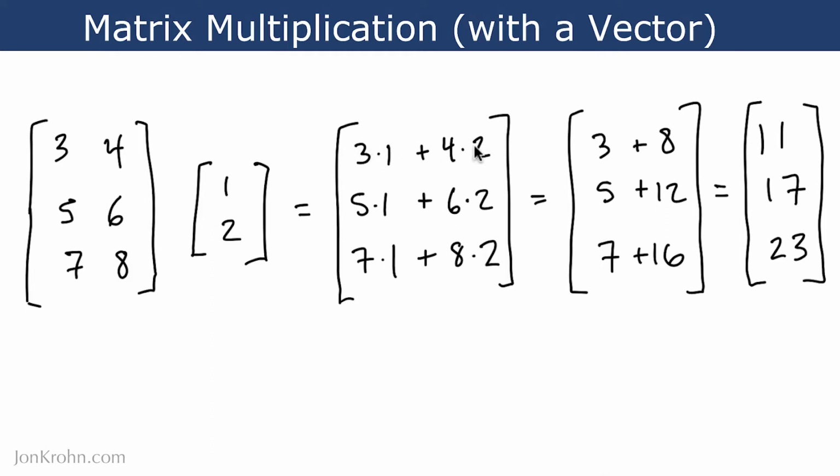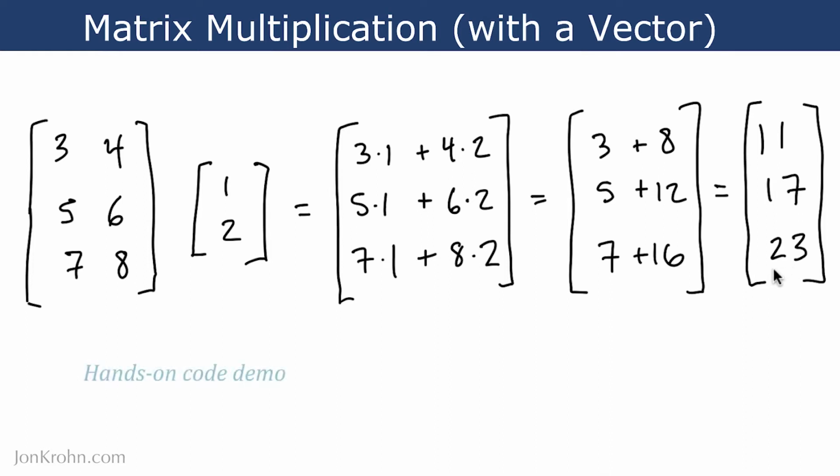And we sum across the columns in this case. First let's calculate the individual products of the elements. So 3 times 1 is 3, 4 times 2 is 8, 5 times 1 is 5, 6 times 2 is 12, 7 times 1 is 7, 8 times 2 is 16. And then actually perform the summing. 3 plus 8 is 11, 5 plus 12 is 17, and 7 plus 16 finally is 23.